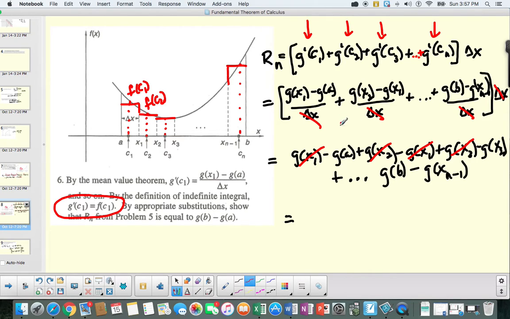There is no canceling of this one because this doesn't get used again, nor will there be a canceling of this one. So in the end, I'll write g of b minus g of a instead of writing it the other way around. So this comes down to g of b minus g of a, where g represents the antiderivative.